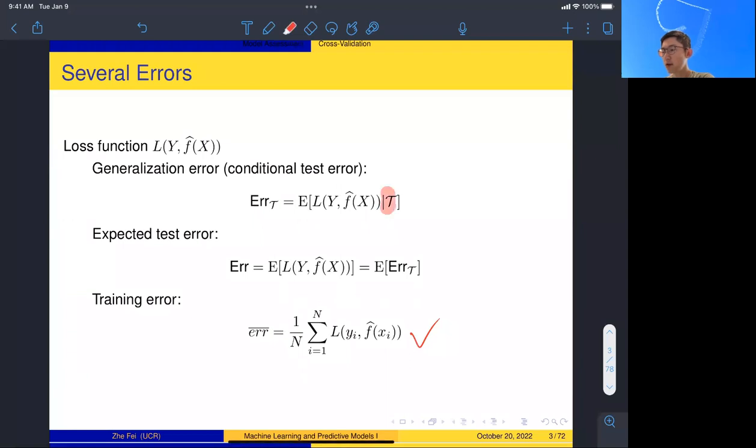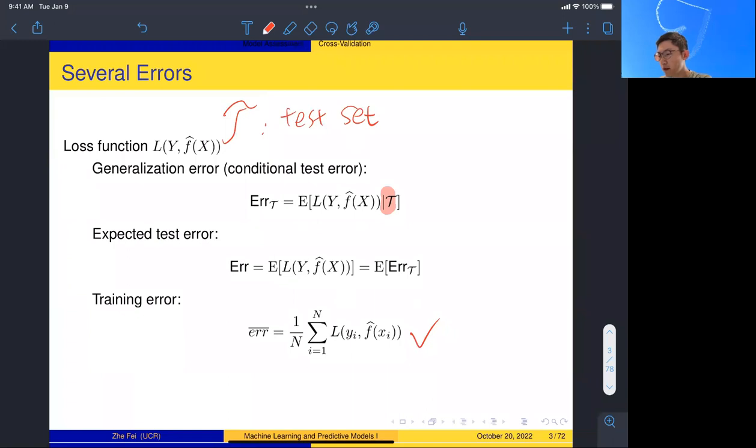conditional on a certain testing set, or the expected testing error, meaning that it's not given any particular testing set. Here, this T means the test set that is different from our training set.